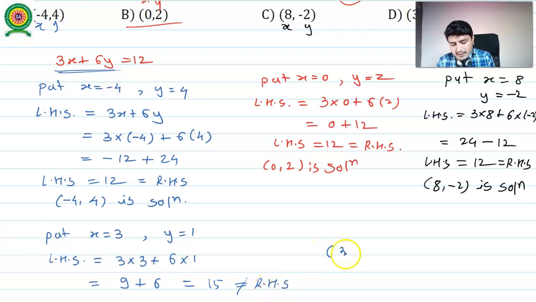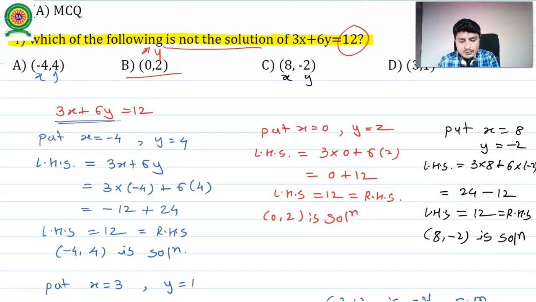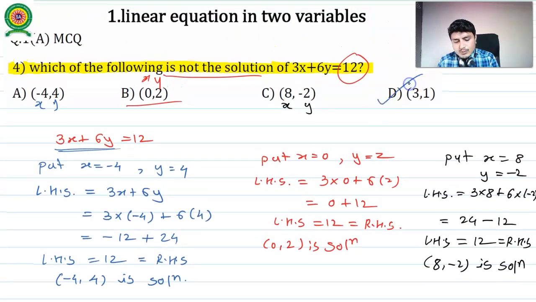Therefore we can say (3, 1) is not the solution of the given linear equation in two variables. So our correct choice is D. (3, 1) is not the solution of 3x plus 6y equals 12.